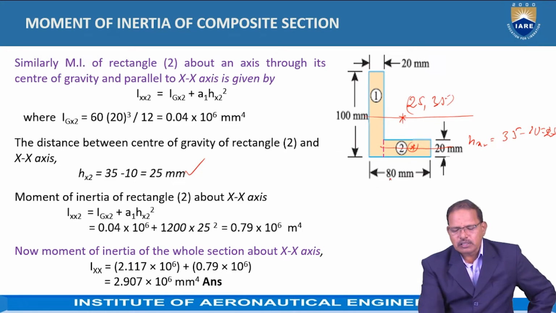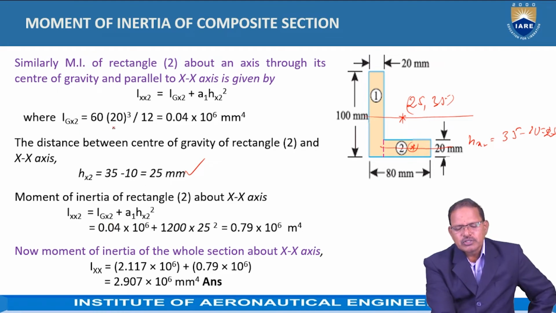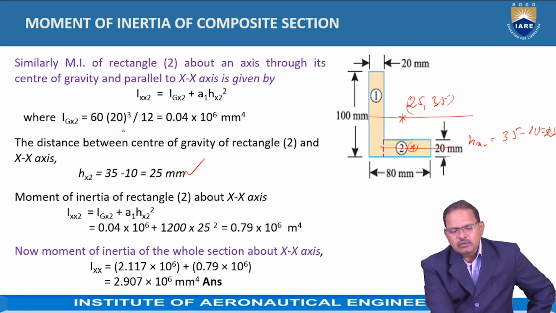The moment of inertia here is Ixx2 is equal to Igx2 plus A2 Hx2 square. Igx2, how much value did we get? 60 into 20 to the power of 3 divided by 12, which is equal to 0.04 into 10 to the power of 6 mm to the power of 4.